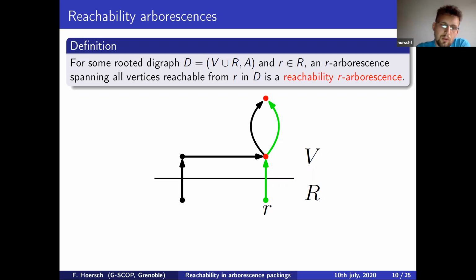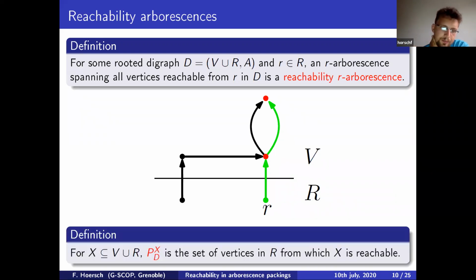So the root on the left can see all three vertices in V, and the root on the right can only see these two vertices. Okay, we want to pack those, and I want to show you a theorem on that, and for that I need one little definition. Namely, if I pick a vertex set in the graph, by PDX I mean all the sets which are in that root set and from which X is reachable.